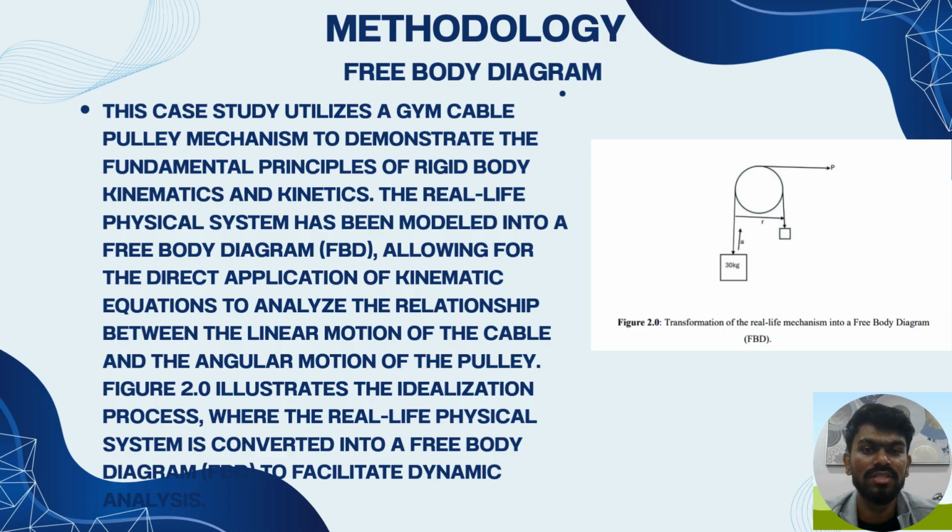The real-life physical system has been modeled into a free body diagram, allowing for the direct application of kinematic equations to analyze the relationship between the linear motion of the cable and the angular motion of the pulley. Figure 2.0 illustrates the idealization process where the real-life physical system is converted into a free body diagram (FBD) to facilitate dynamic analysis.